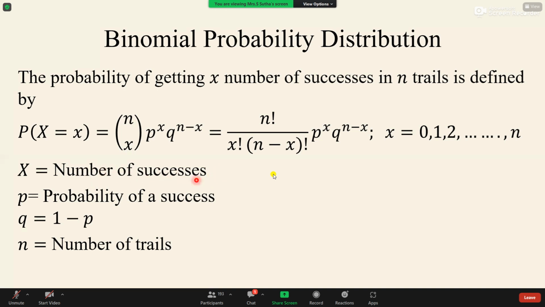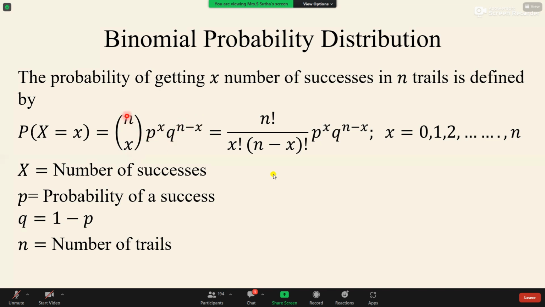This is a general form. Here for the successes, you have to specify in a particular scenario. That is equal to nCx, that is n combination of x. We will introduce this notation, then p to the power x into q to the power n minus x.